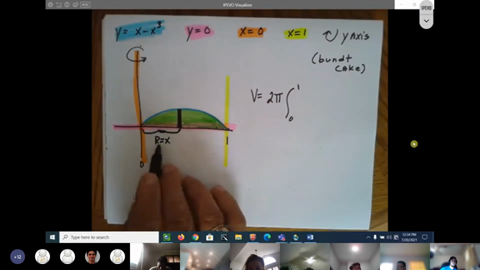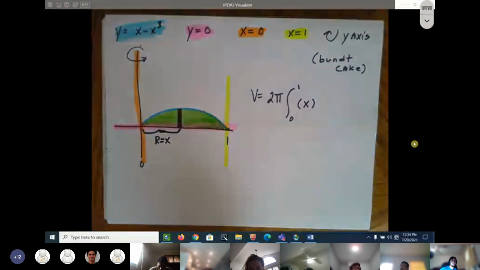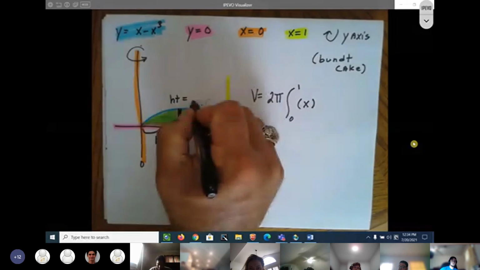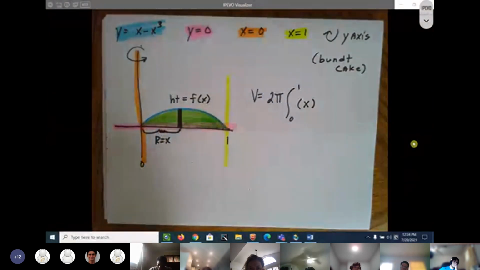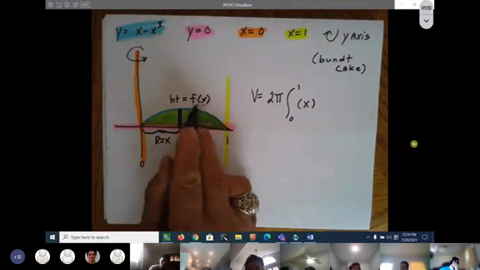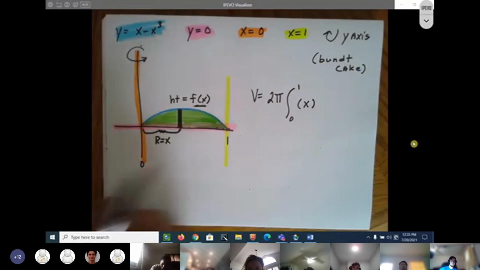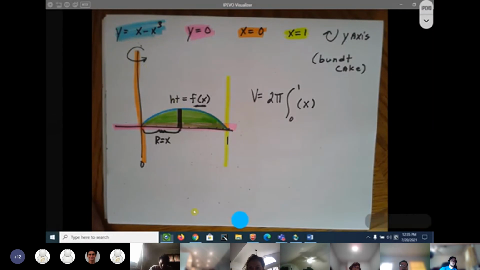So the radius is equal to x times the height. What is the height? The height is equal to the what? Somebody say it. Starts with an F. Function. Come on, communicate with me.